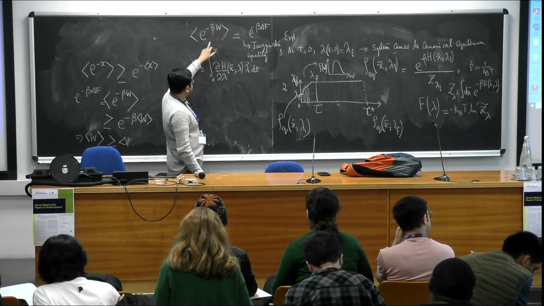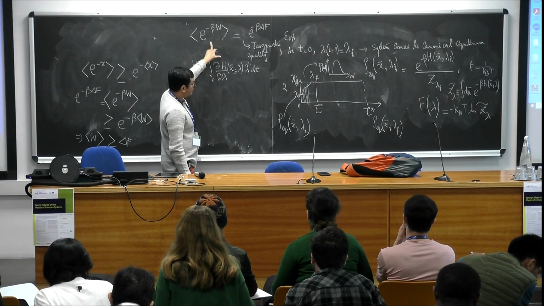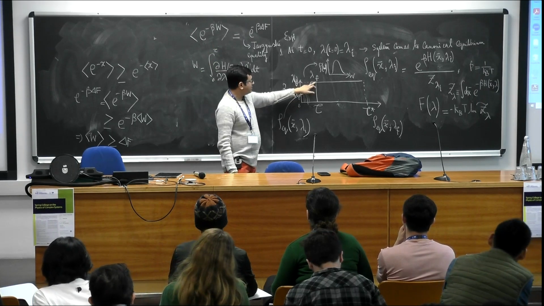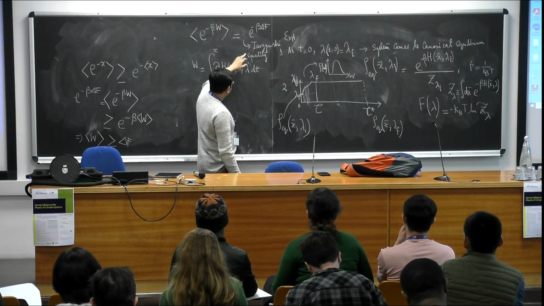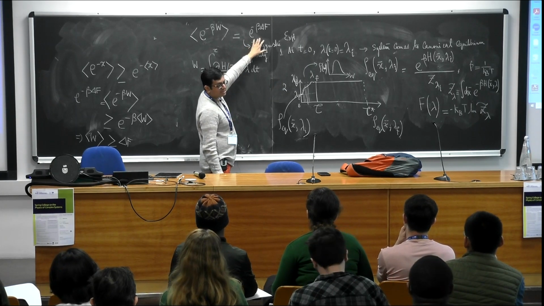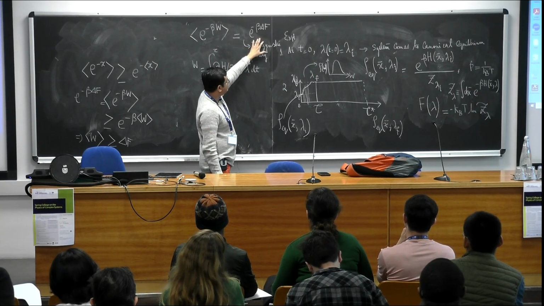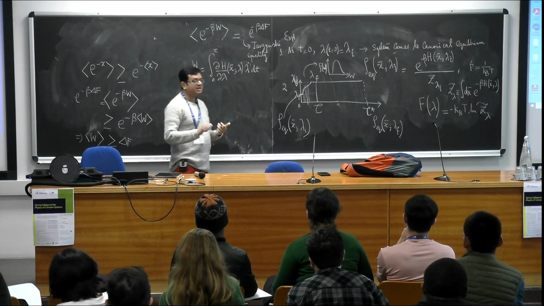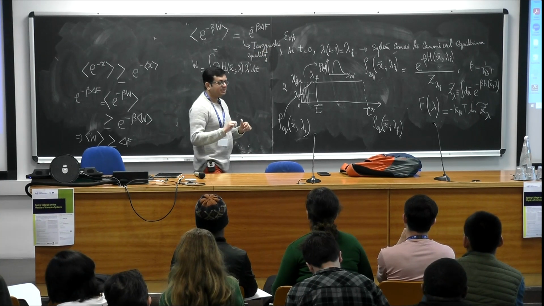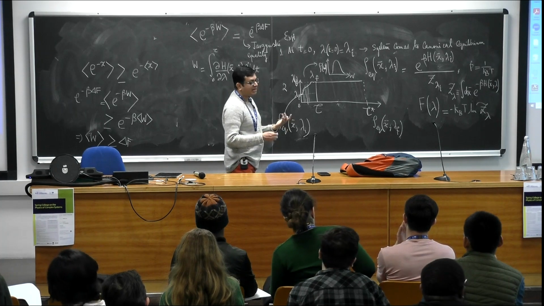But it turns out that the left hand side doesn't depend on how I change lambda as a function of time, which is quite good because I know that the right hand side doesn't depend on how lambda changes as a function of time. Why? Because free energy is a state function. Free energy depends just on the value of lambda.